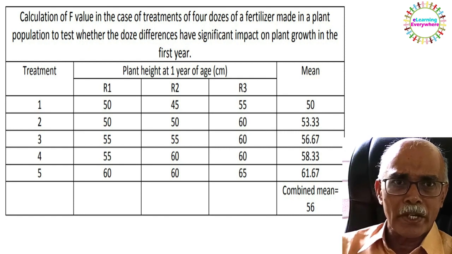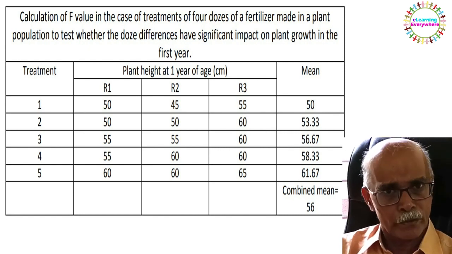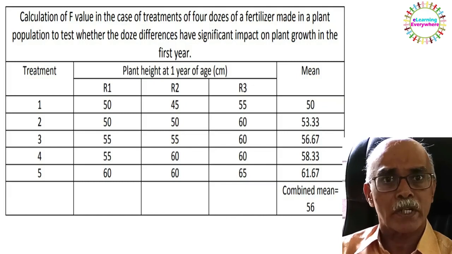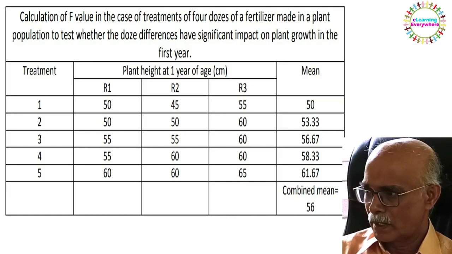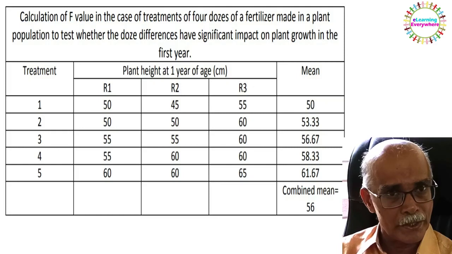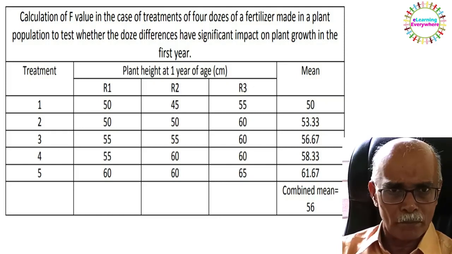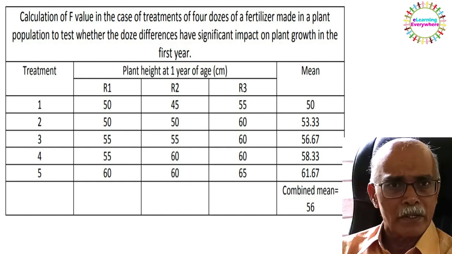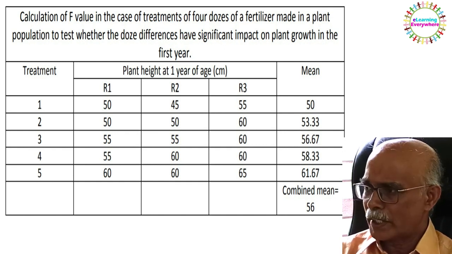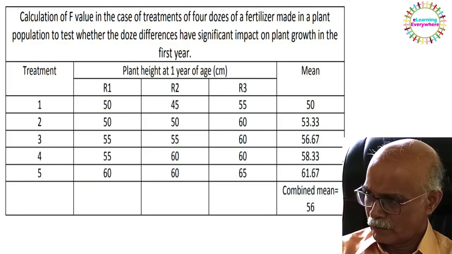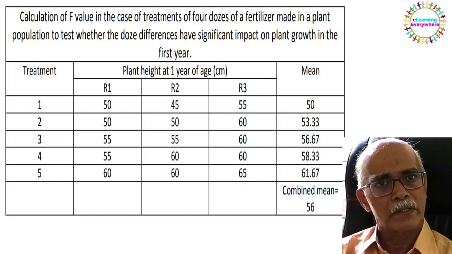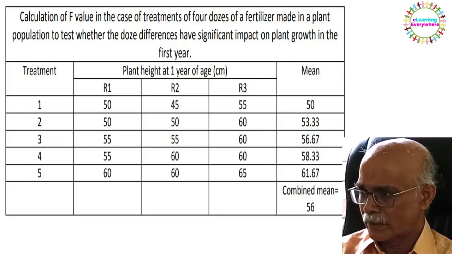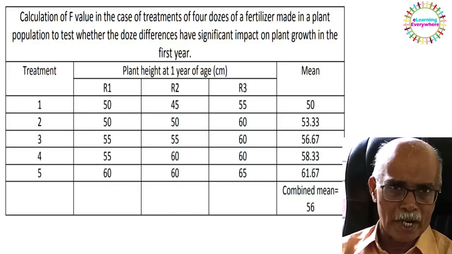And you have to carry out the experiment or repeat the experiment a sufficient number of times. And there are certain rules behind it. In the present experiment we have done the experiment with 3 replications. We have replicated the treatment 3 times.